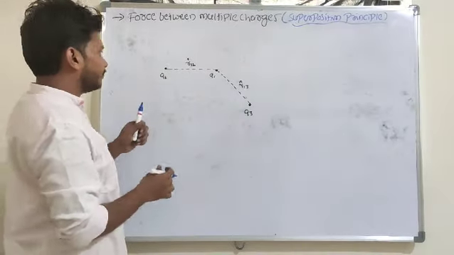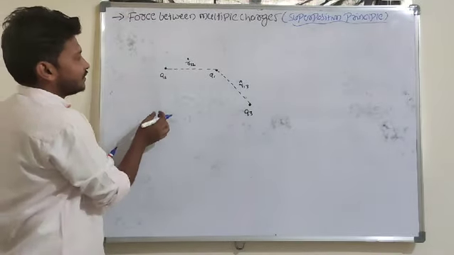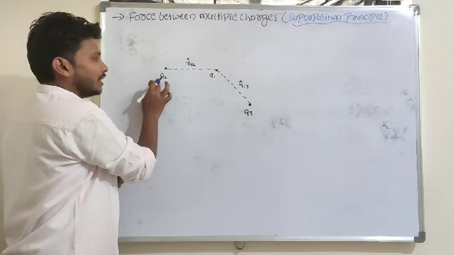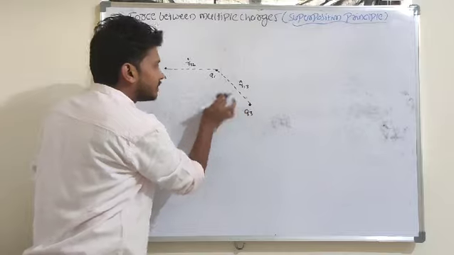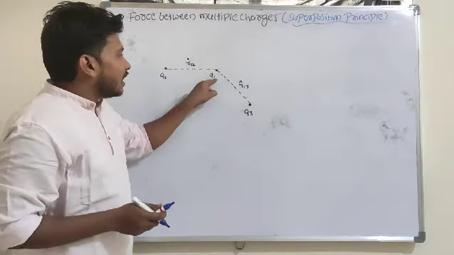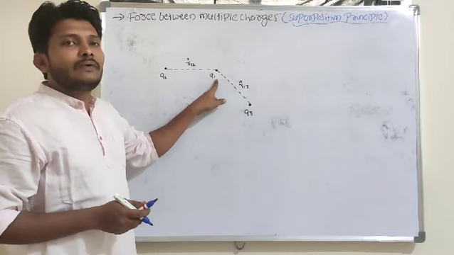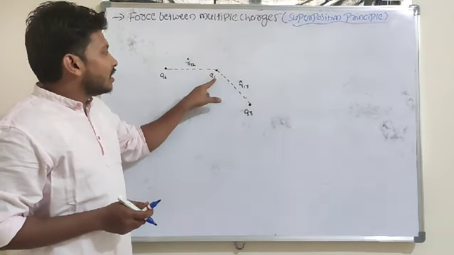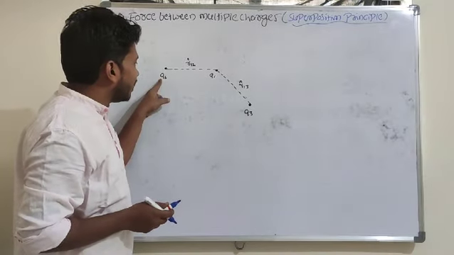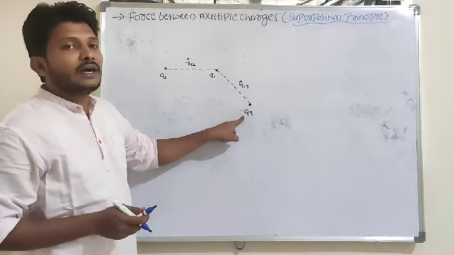Now, first I will consider the force on charge q1 due to charge q2, as well as the force on charge q1 due to charge q3. It means that whatever total force the charge q1 experiences is due to the charge q2 as well as the charge q3.